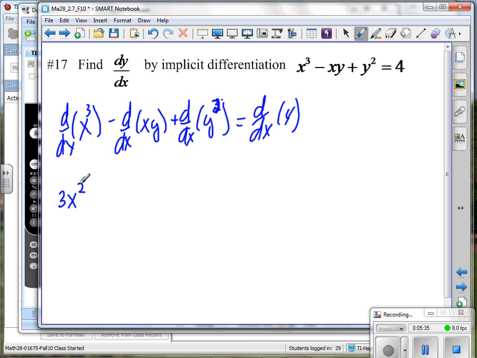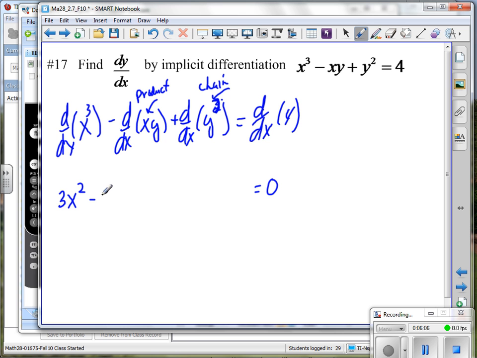If it is, you will have difficulty with the quiz today. Minus, this is going to be the product rule we have to use here. This is going to be the chain rule that we use here, equal to 0.